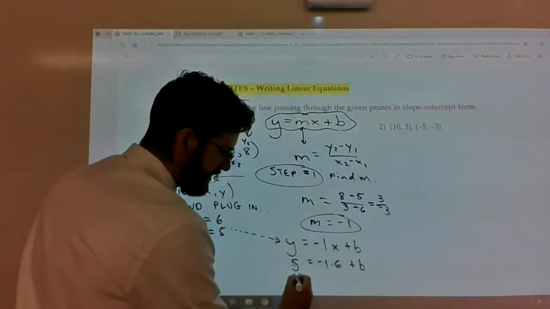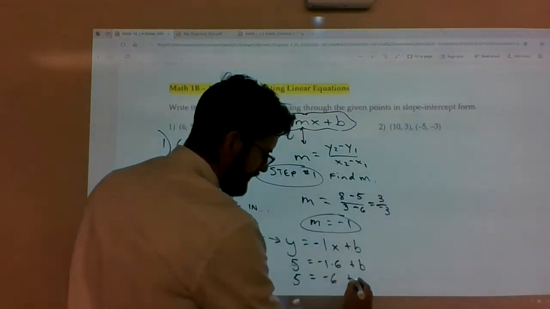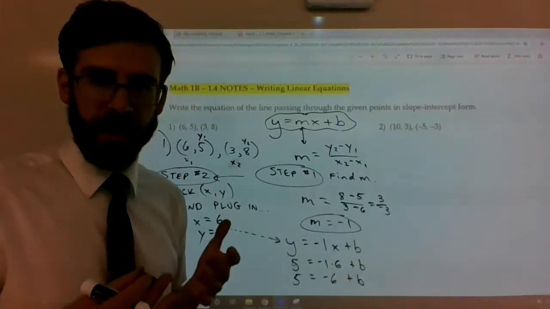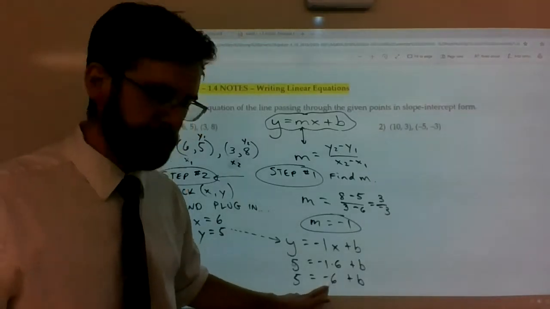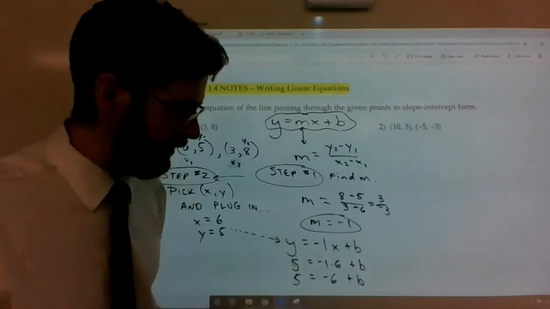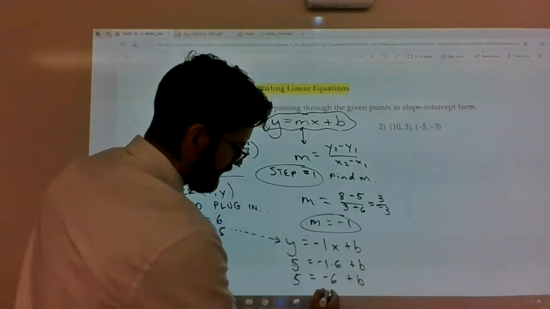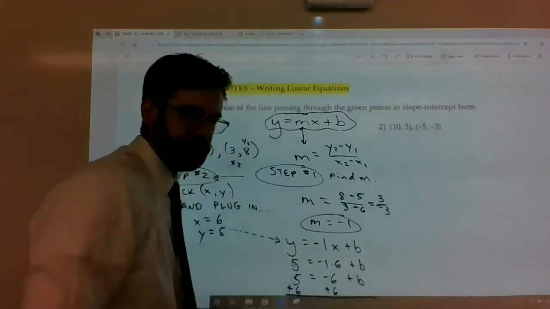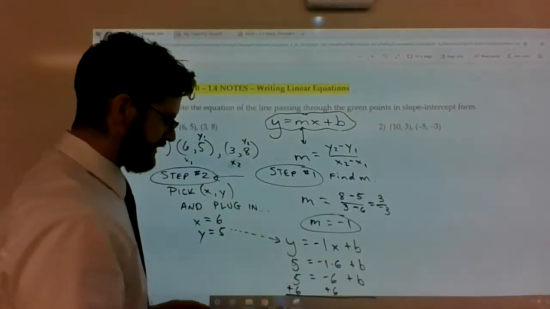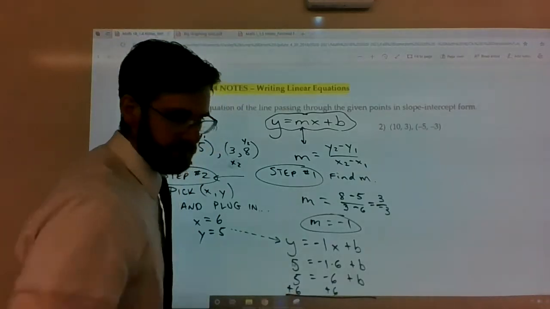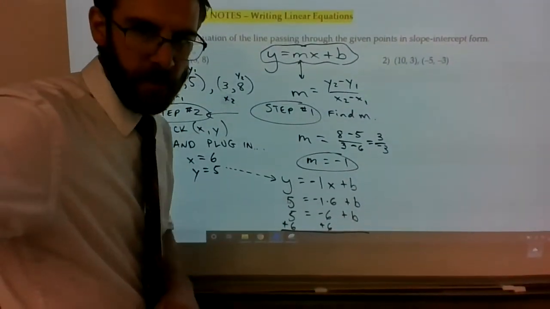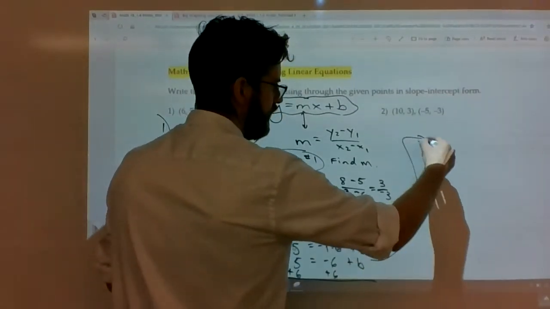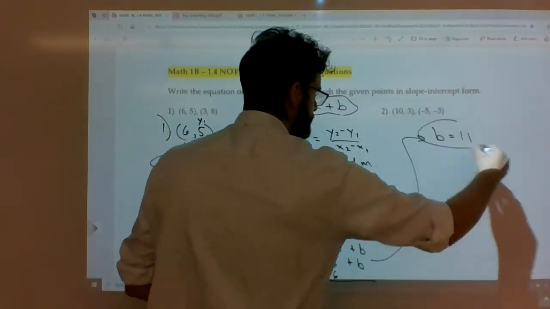So negative 1 times 6 is negative 6 plus b. And if you remember how to solve basic equations, you add or subtract to get the variable by itself. This negative 6 needs to leave, so you'd add 6 to both sides. That gives us positive 11. Well, I don't think we can see there, so I'm just going to go off to the side here. B equals 11.